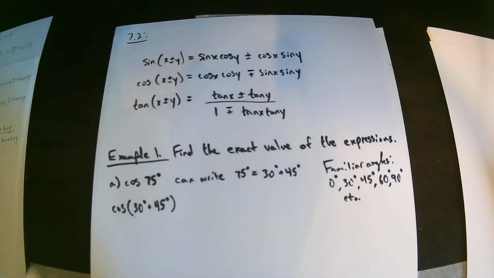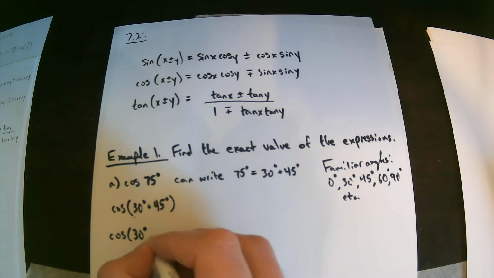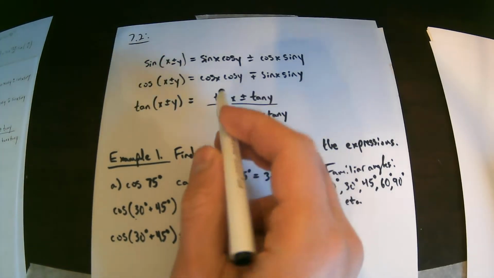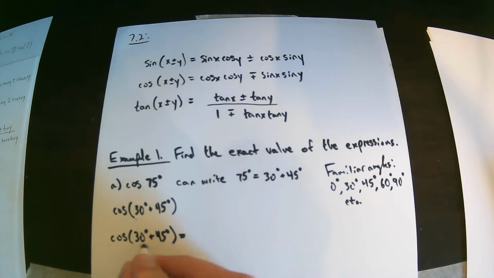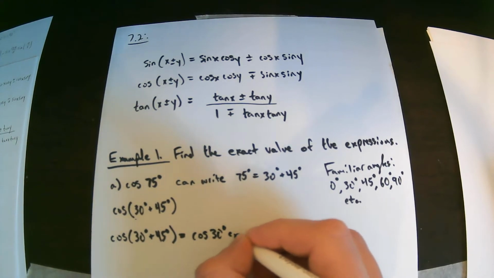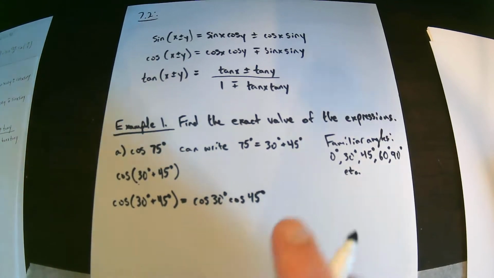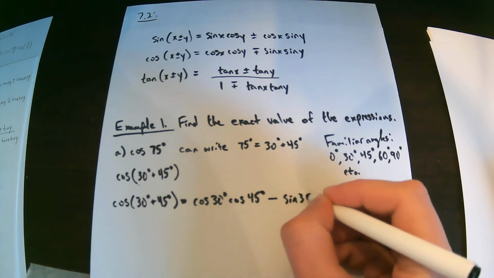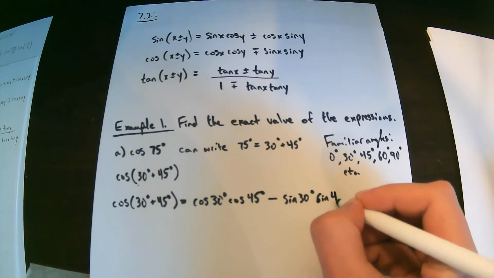So I'm going to use my formula, and it says that cosine of 30 degrees plus 45 degrees is equal to, using this formula, cosine x, so x is 30, y is 45 here, so cosine of 30 degrees times cosine of 45 degrees minus sine of 30 degrees sine of 45 degrees.